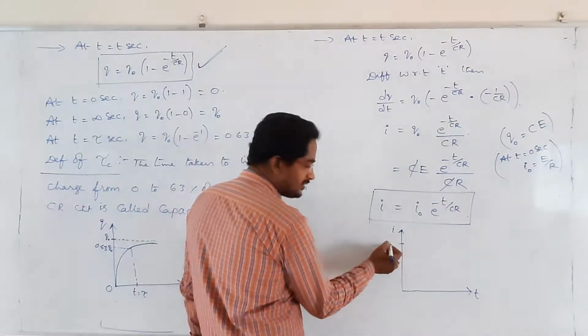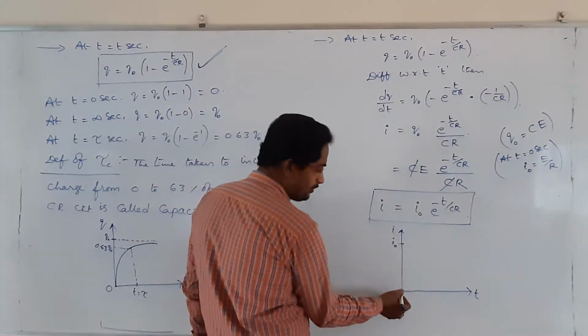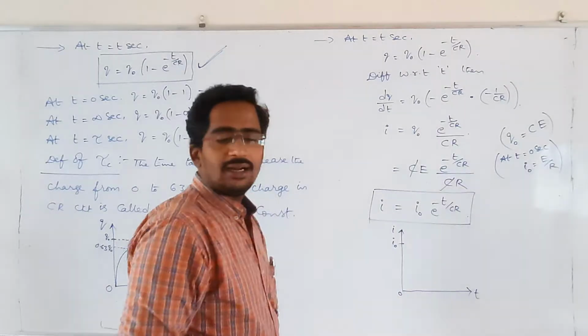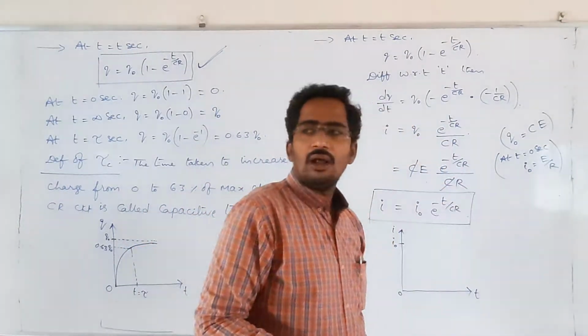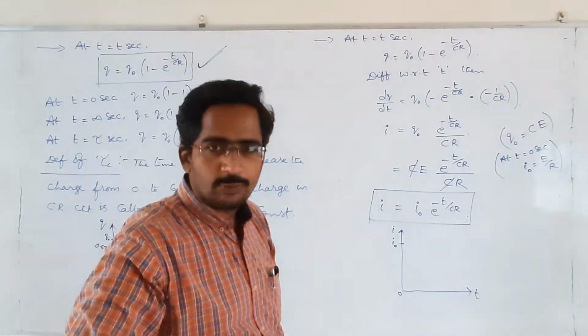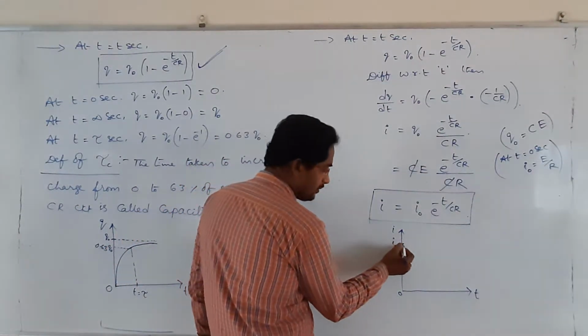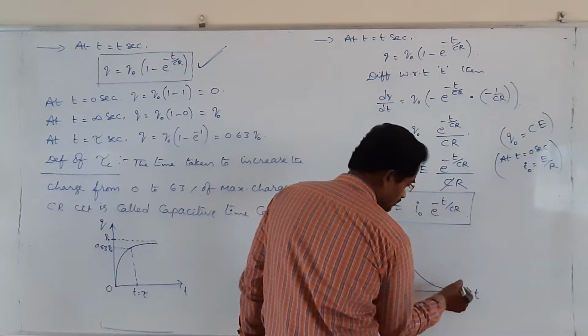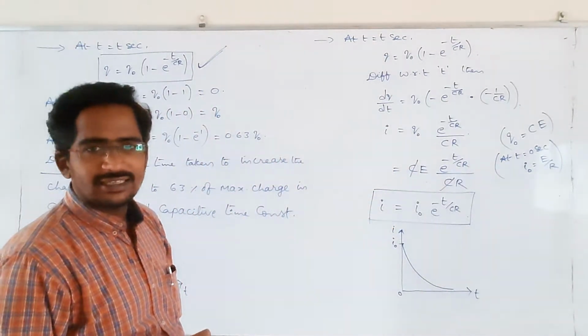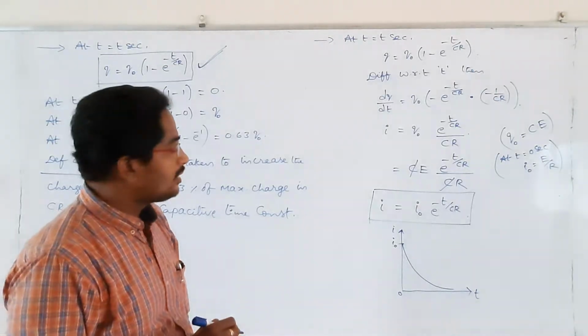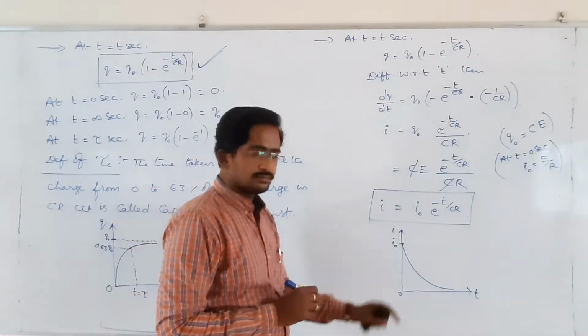At the time of 0th second, current is maximum, and it decreases exponentially. That is the graph shape here.